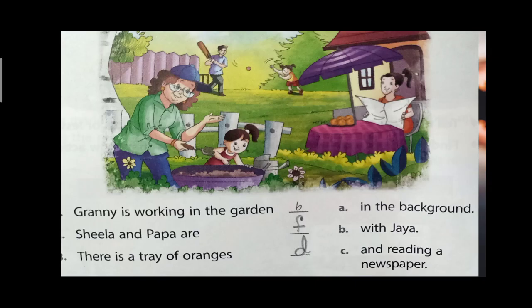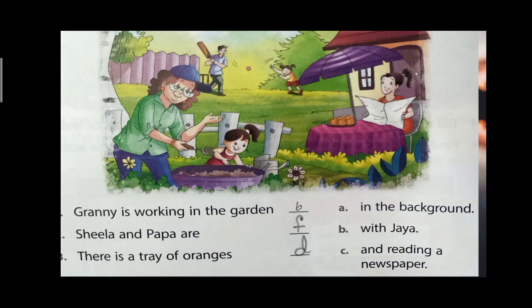Number 1, Granny is working in the garden. Its answer will be B. It is already done by the book, and hence your sentence has become Granny is working in the garden with Jaya. Number 2, Sheila and Papa are. Its answer will be F, which means your sentence has become Sheila and Papa are playing cricket.